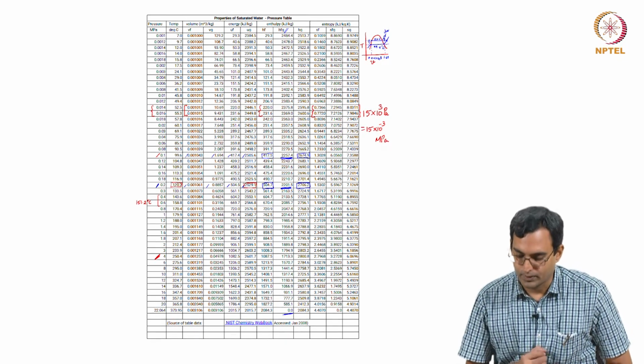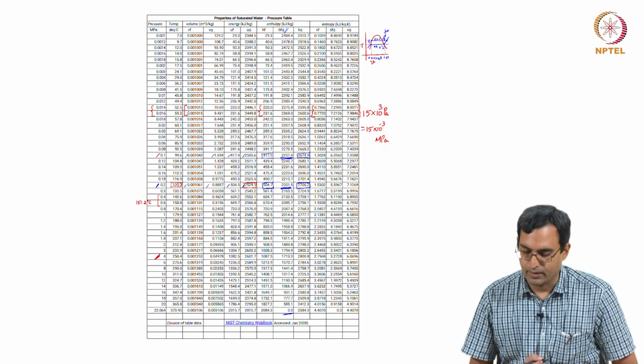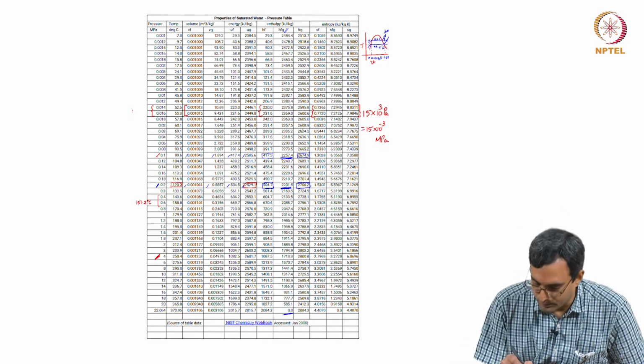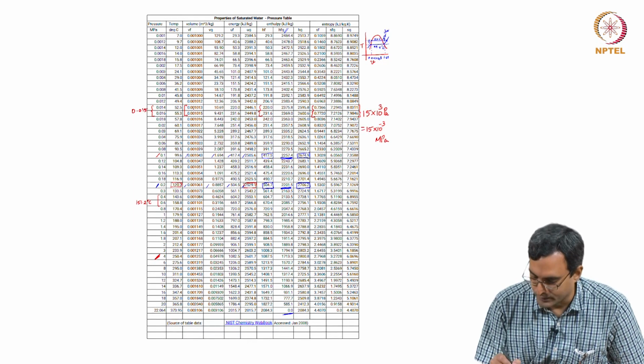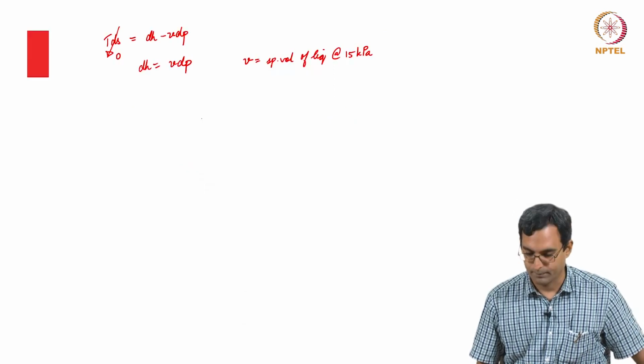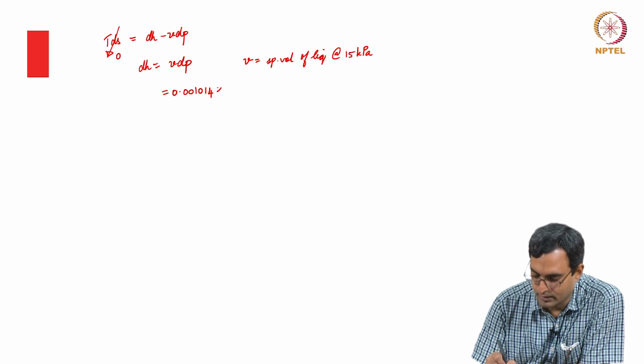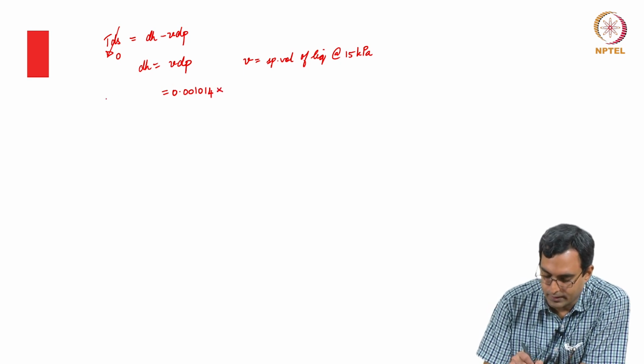So, I have 0.001013, 0.001015. I am looking for 0.015 megapascal, which is in between these two, so the average is 0.001014. That is the specific volume. So, what I am saying is delta H is the integral of this.